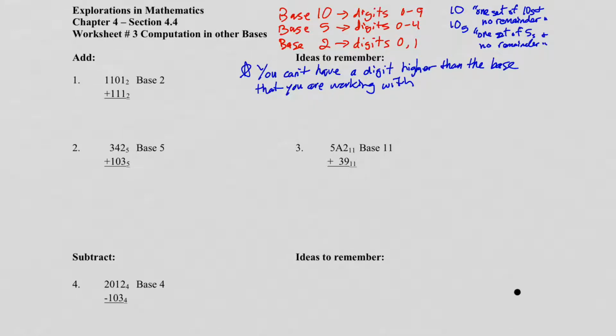You may ask yourself, how do I add numbers in different bases? Well, the answer is the same way you add them in base 10. The only difference is, if you remember, you can't have a digit higher than the base. That means once you max out, you're going to be counting sets.